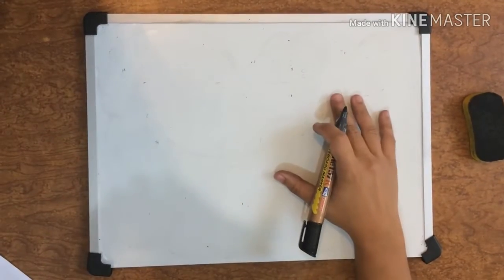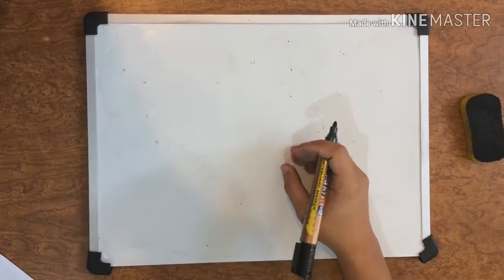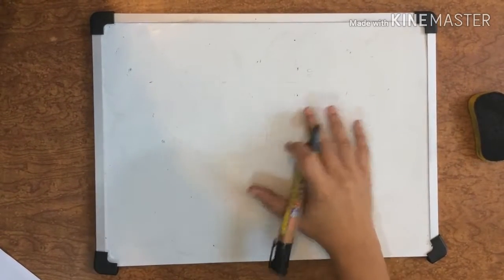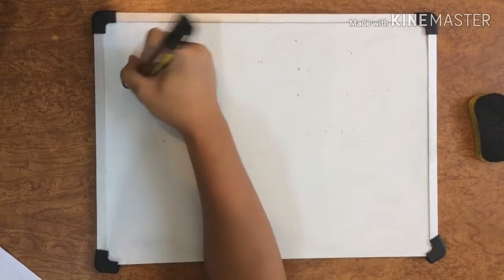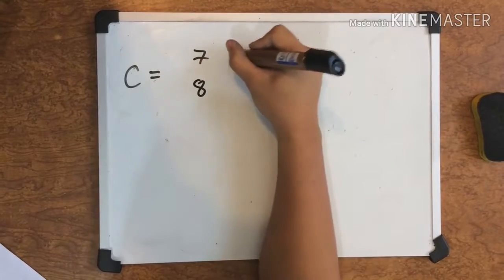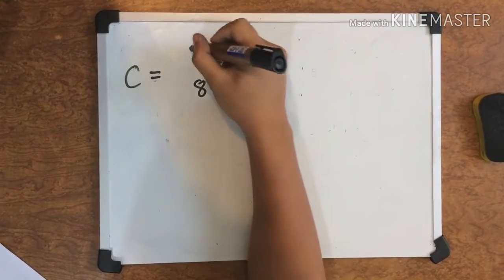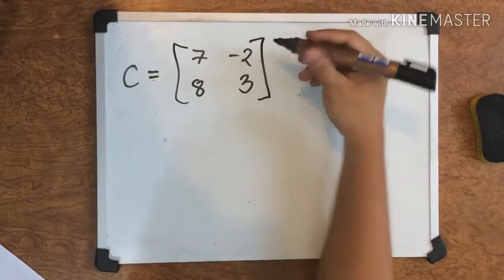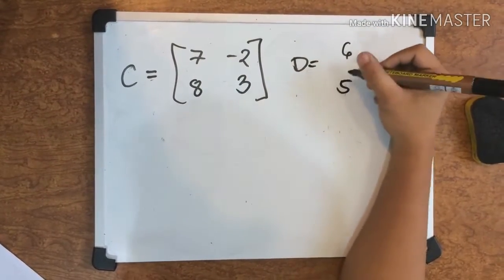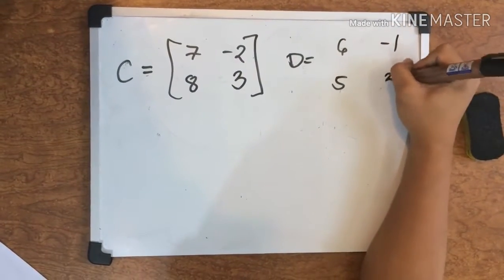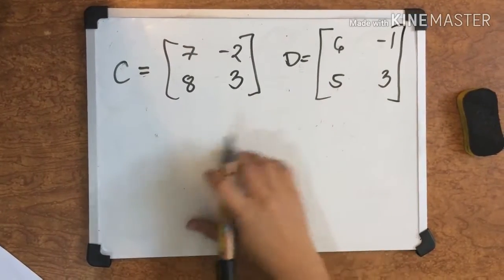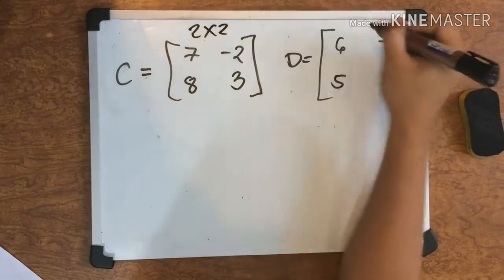So after adding, let us go ahead and do some subtracting of matrices. For example, we are given C, which is equal to 7, 8, -2, and 3. And we have D, which is equal to 6, 5, -1, and 3. As you can see, we have 2 by 2 matrices.